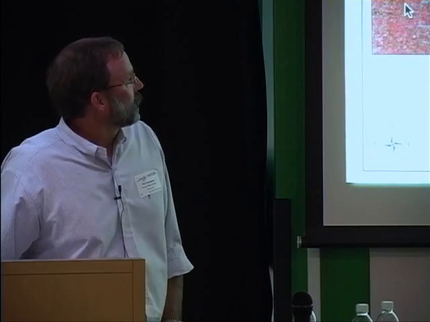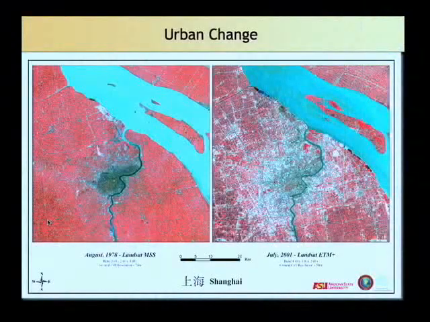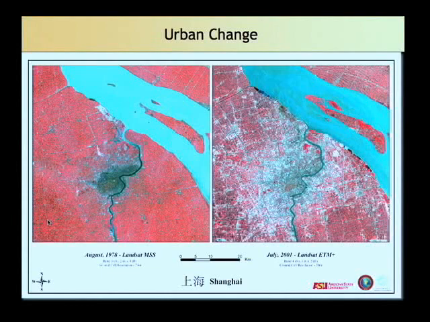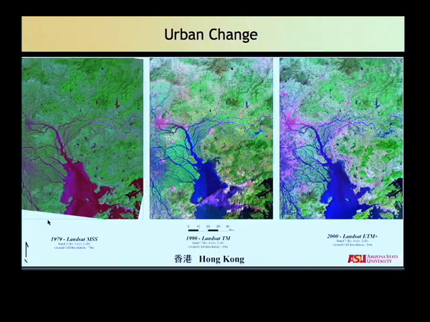And in particular, in China, where their cities are evolving quickly, it's remarkable how much change is occurring. Shanghai was a relatively small city surrounded by vegetation 30 years ago. Today, it's grown dramatically. I think I have one more example. Hong Kong.